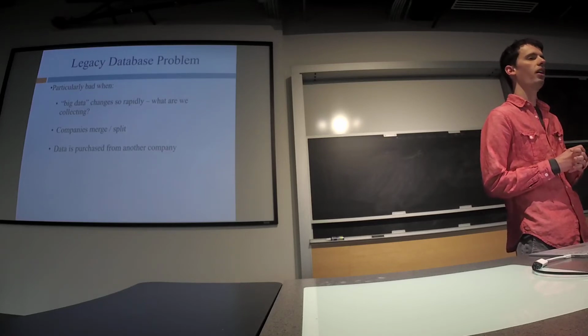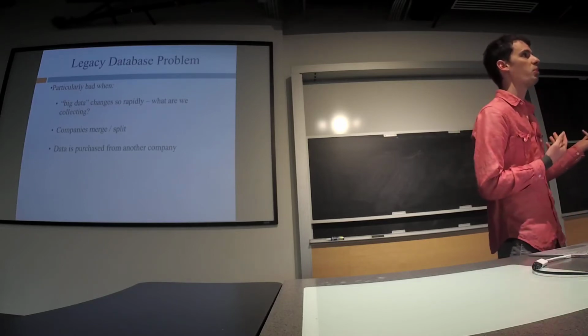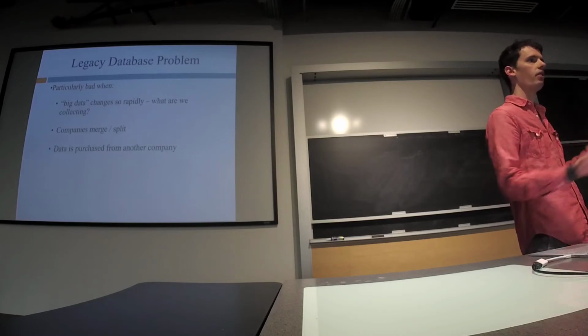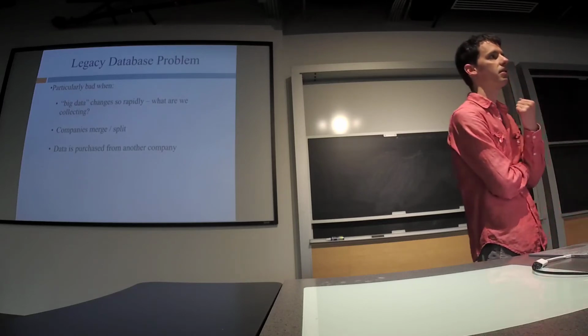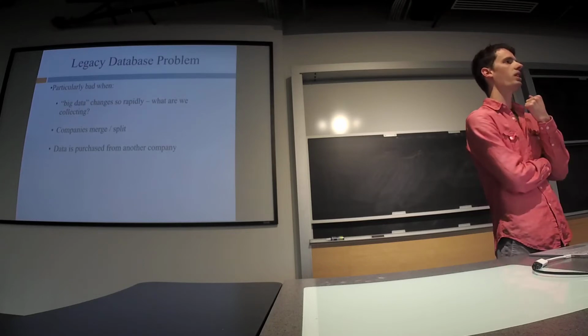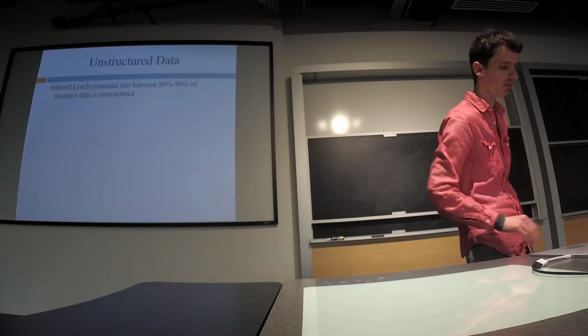It will, but it'll be hard to do. And then imagine what happens when companies merge or split. You suddenly have two databases you have to integrate together with different relational models, or you buy a bunch of data from some other company. It's a challenging problem. And what I'm leading to is there are other kinds of databases that help with this problem.